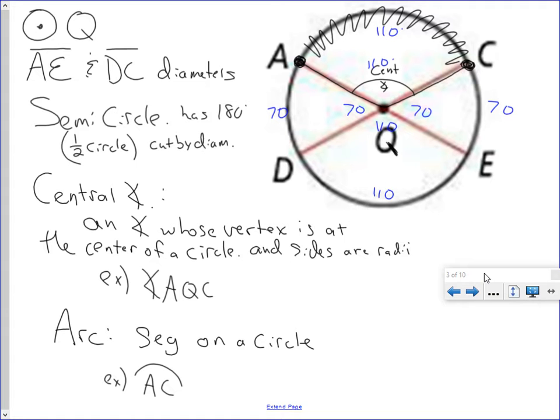The idea of vertical angles within circles still holds true. The measure of an arc will always equal the measure of the central angle that creates it.